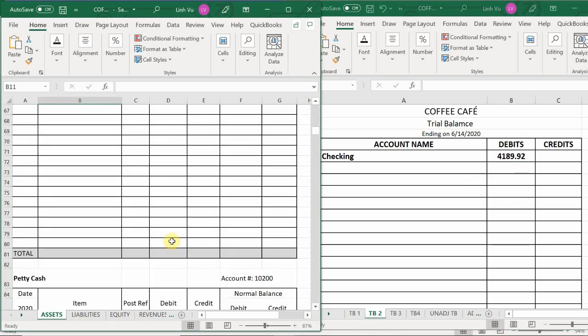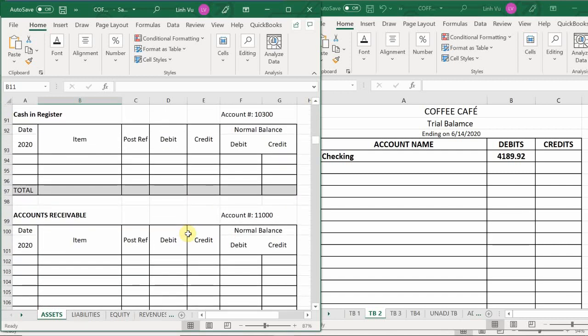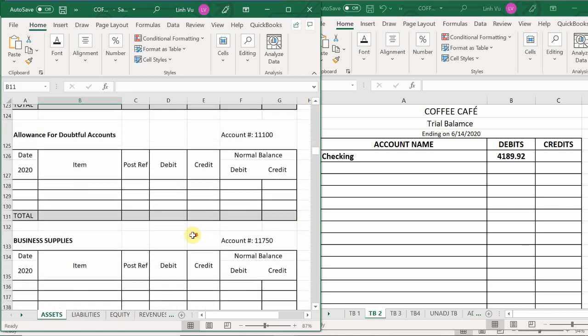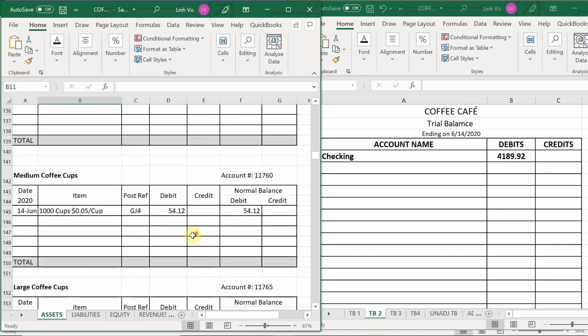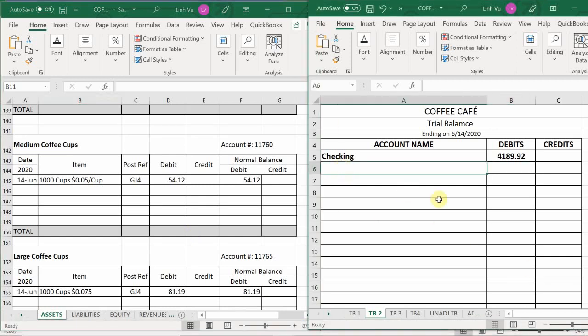Okay. Scroll down. We don't have a petty cash drawer yet or cash in the register. We don't have accounts receivable just yet. Business supplies: we have medium coffee cups in the debit for $54.12.